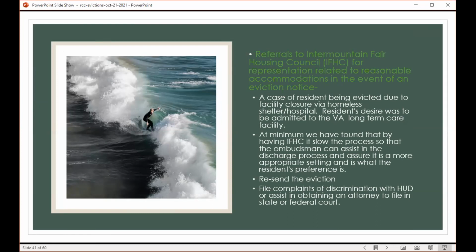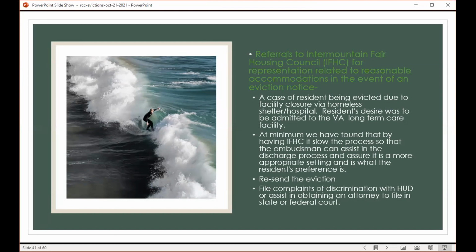And similar to working with legal aid, we are also able to slow that process down of the eviction or discharge so that the Ombudsman are able to work with the facility to find appropriate placement for a resident, one of their preference rather than to be sent to a homeless shelter, a motel, or the crisis center.